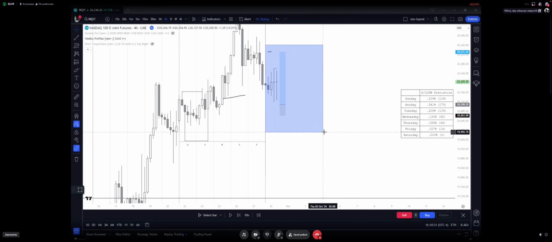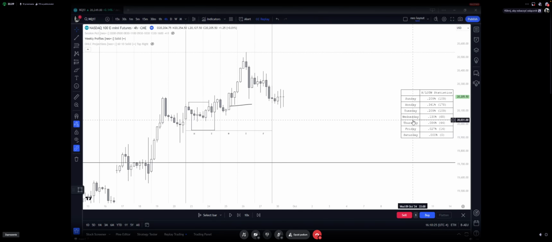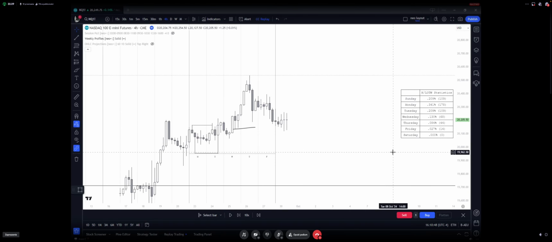So for NQ, for example, we can see that 20% of the time, the high or low of the week is made on a Sunday. Then 34% of the time, it's made on a Monday. See, and it gets like less common the further you go, right?